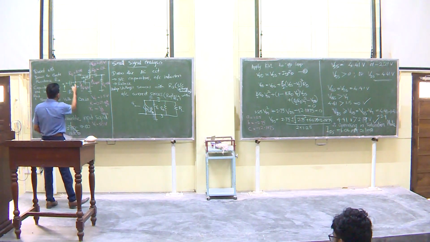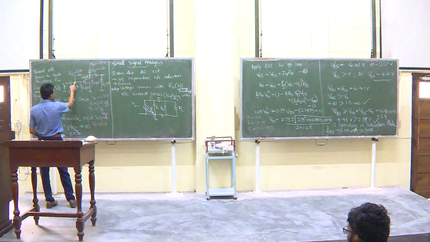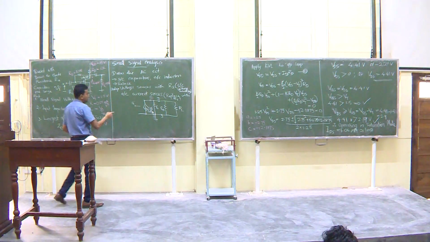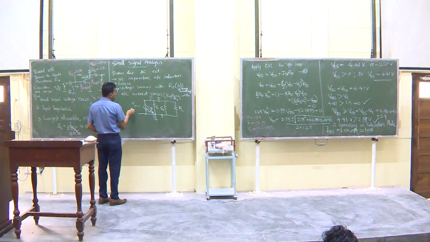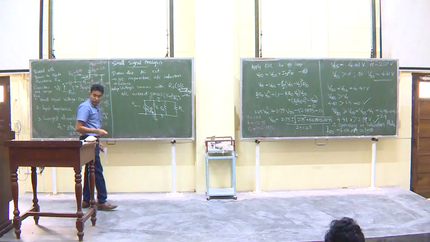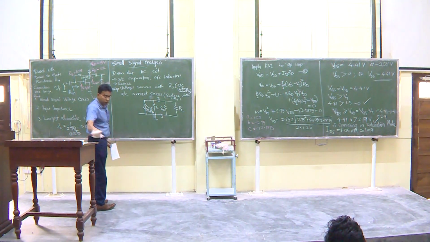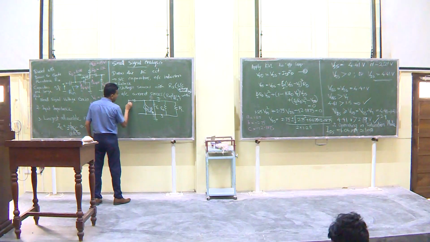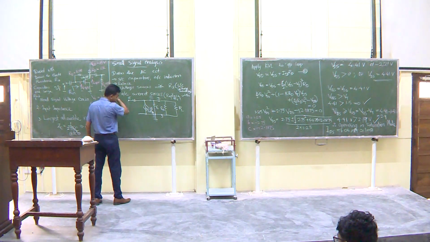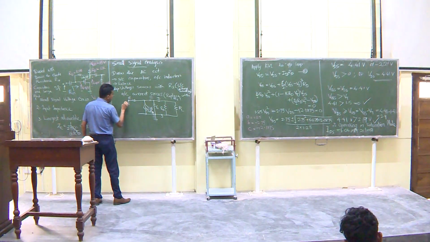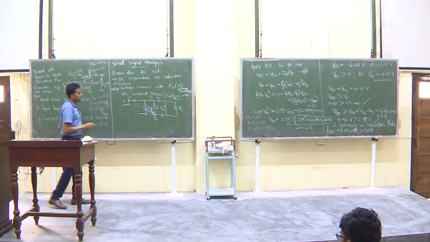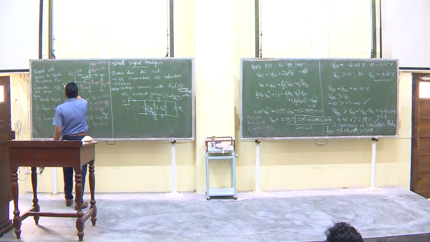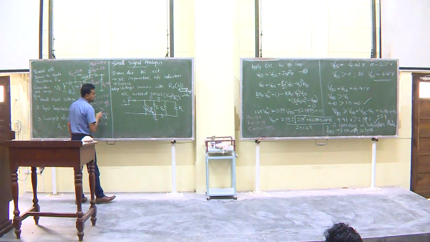If you look at this side, you have a resistor from gate to drain. So that's the gate, and from there you have the input voltage.